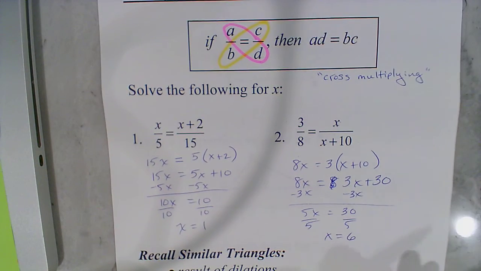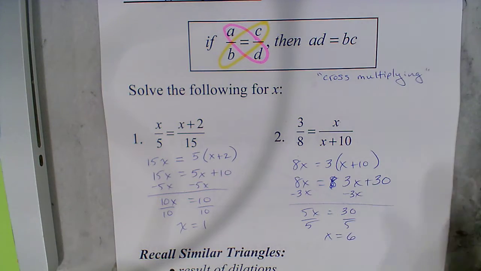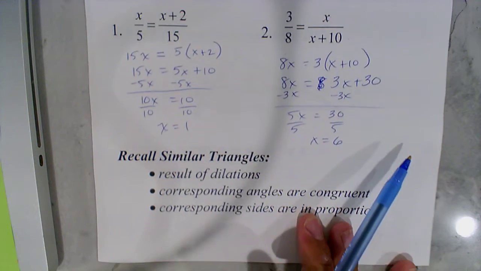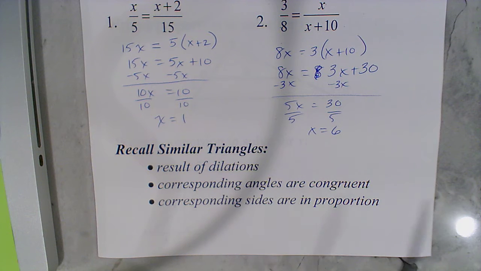Okay, so that was the first half, the reminder of the fundamentals that everything's based off of. The second part is remembering what similar triangles are. Similar triangles are the result of dilations. You recall that dilations usually change the size, but they change the size proportionally.